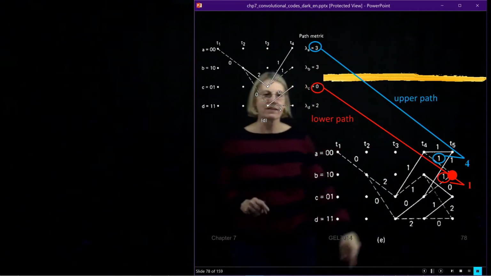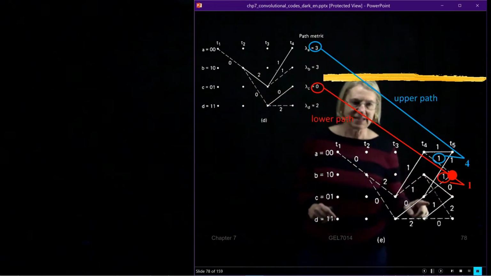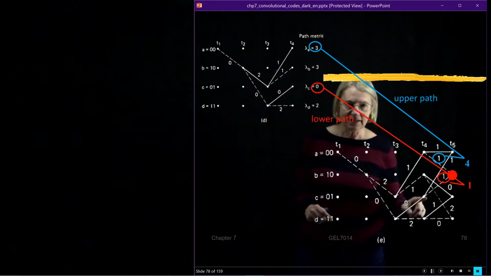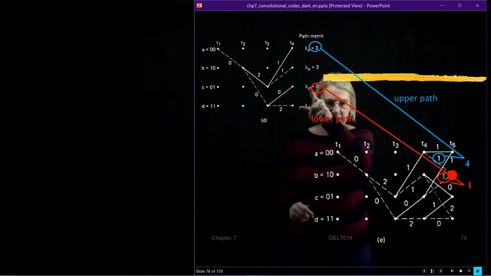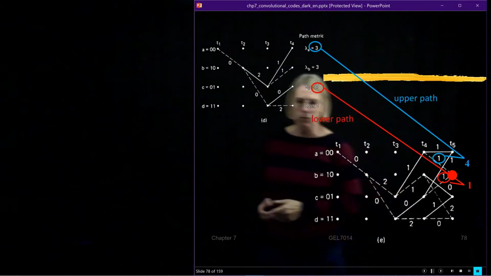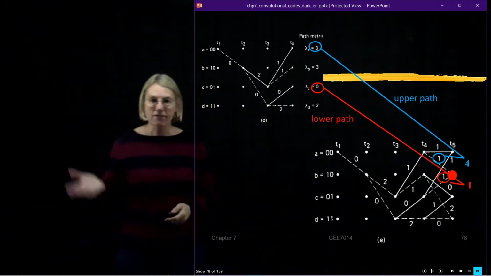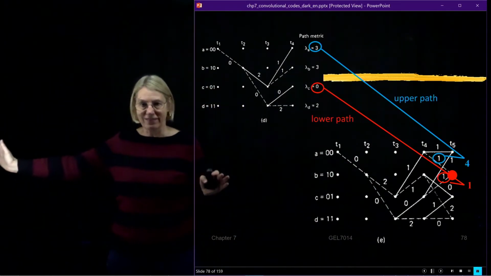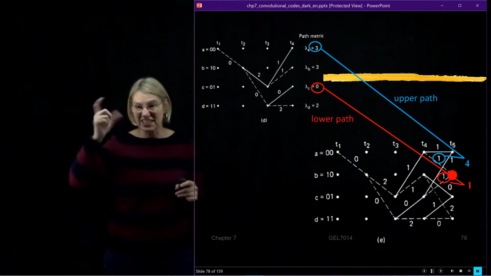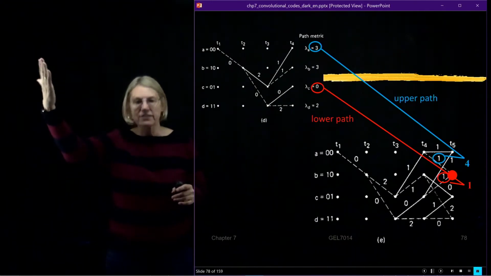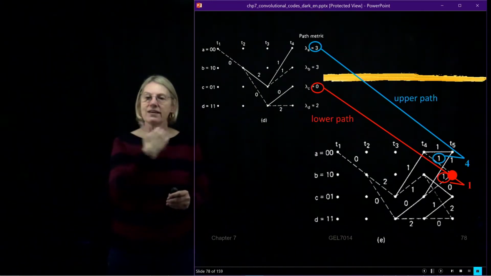The lower path came from state C. So I look at state C, what the length was. It was 0. I add 1, I get 1. So now I don't have to go through and do the entire path length calculation. I just need the delta. Previous path metric plus new branch metric gives me new path metric.